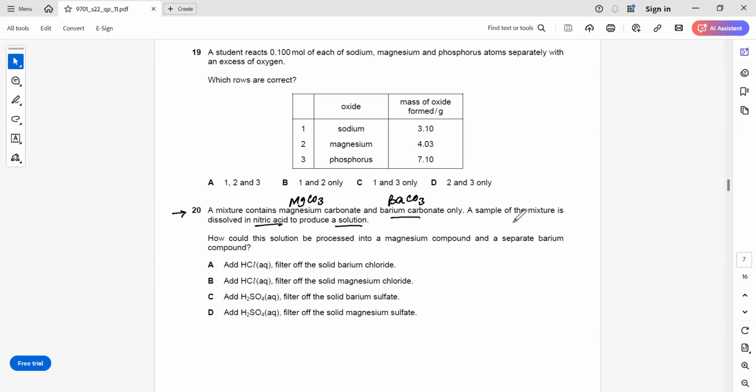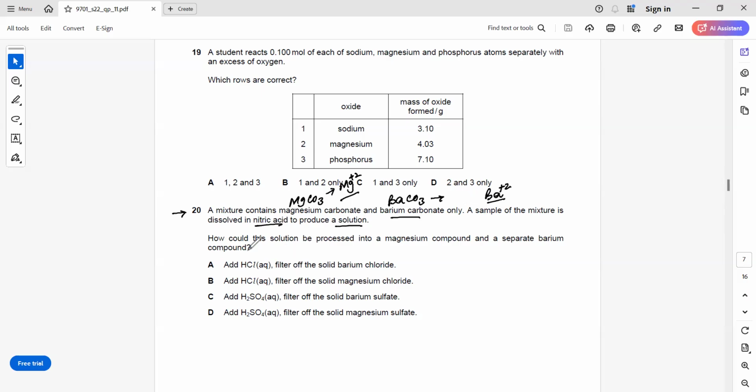As we know, it's an acid, so it will react with them and will produce their salts. Clear? So that will be present as barium nitrate, aqueous, isn't it? And this will be present as magnesium nitrate, right? All nitrates are soluble. Clear?